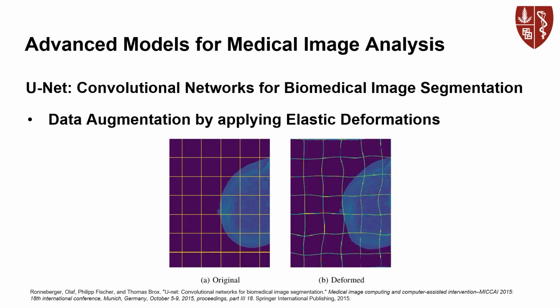And the second thing is they did some kind of data augmentation, specifically by applying elastic deformations. On the left over here, figure A shows an original image, and figure B shows a deformed image. So why would you do that? The thing is, cells do not have a uniform size, shape, or pattern. They can be in multiple ways. They have a lot of variations.